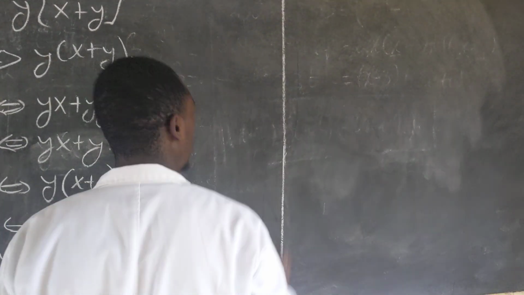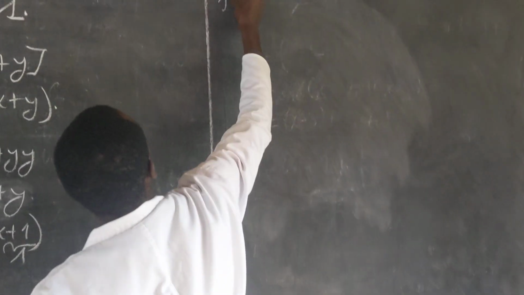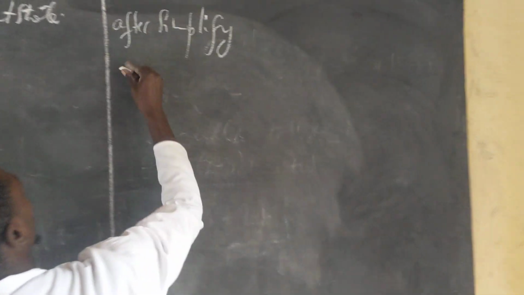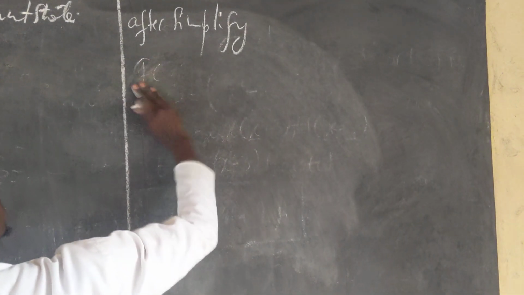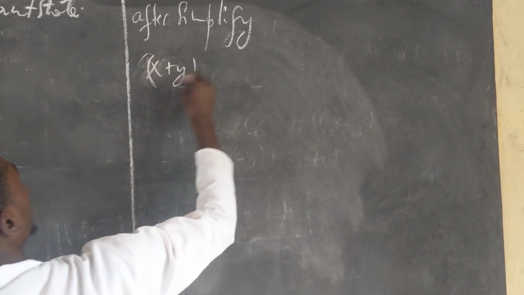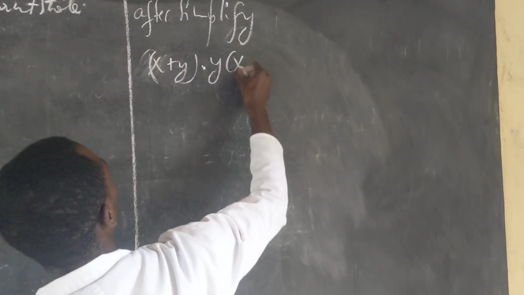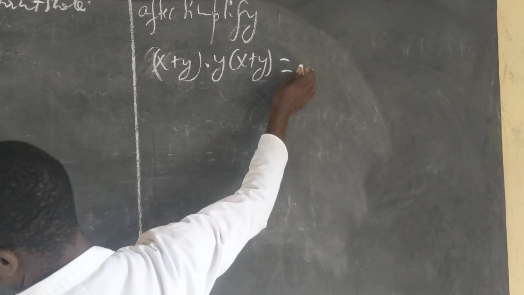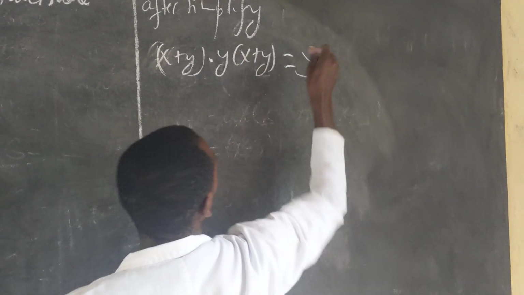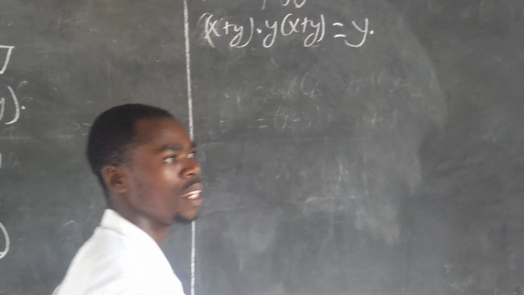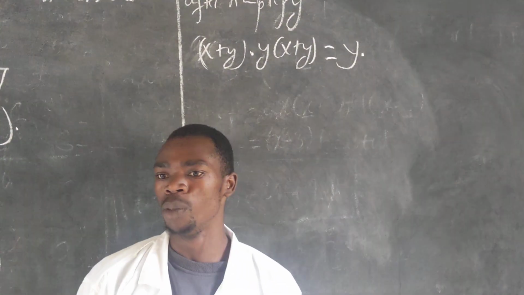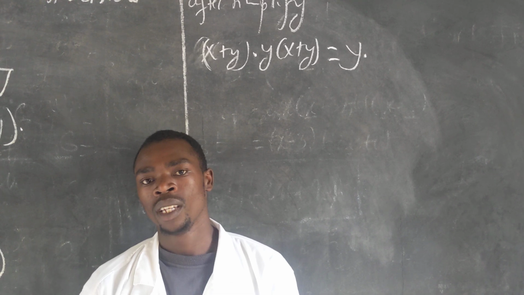So now, after simplifying, f of x, y, x plus y cross y, x plus y is equal to y. So now, this is how you can easily simplify Boolean algebra by using different laws.